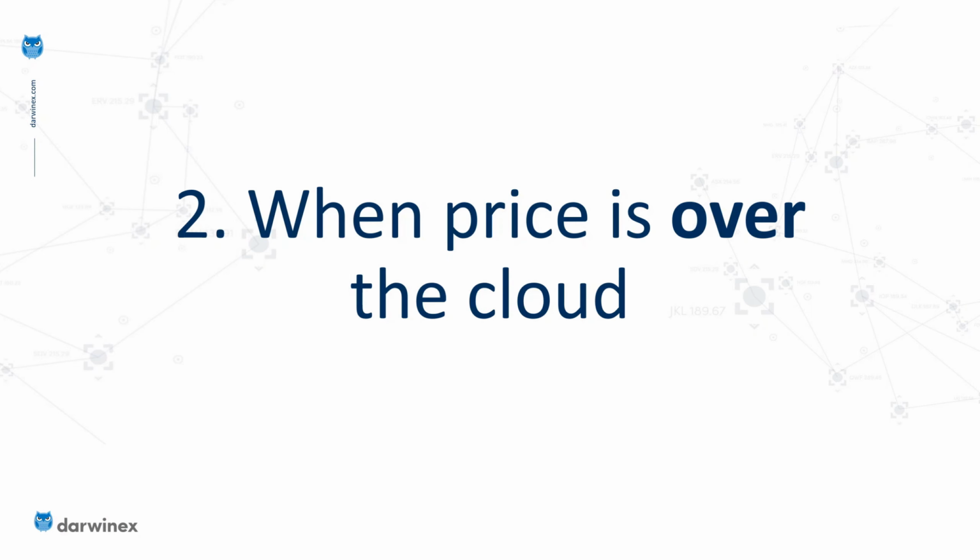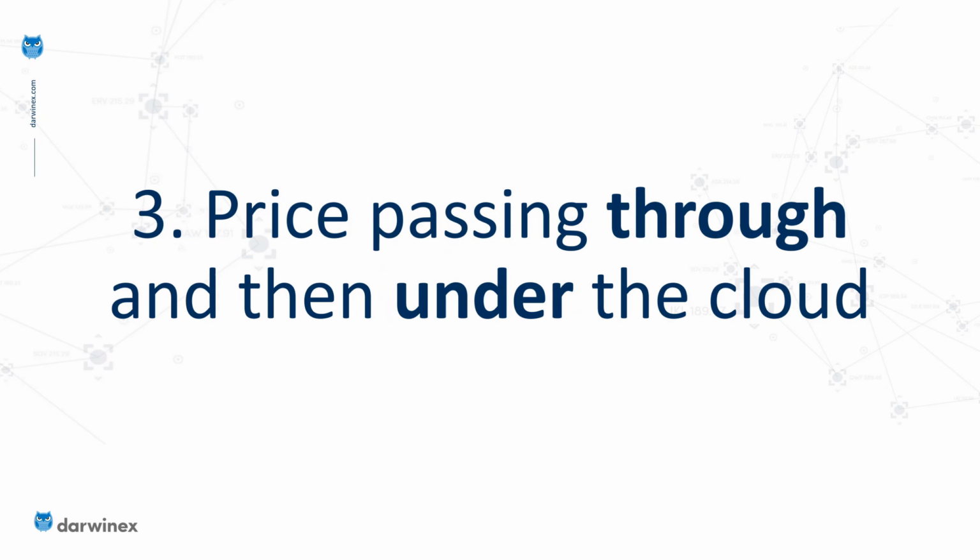So the next interpretation here is exactly the opposite of the first one that we looked at. But here, price is passing through the cloud in the opposite direction and is breaching that lower boundary of the cloud. And as I said a moment ago, the interpretation here is that this is possibly a change in direction of the trend.